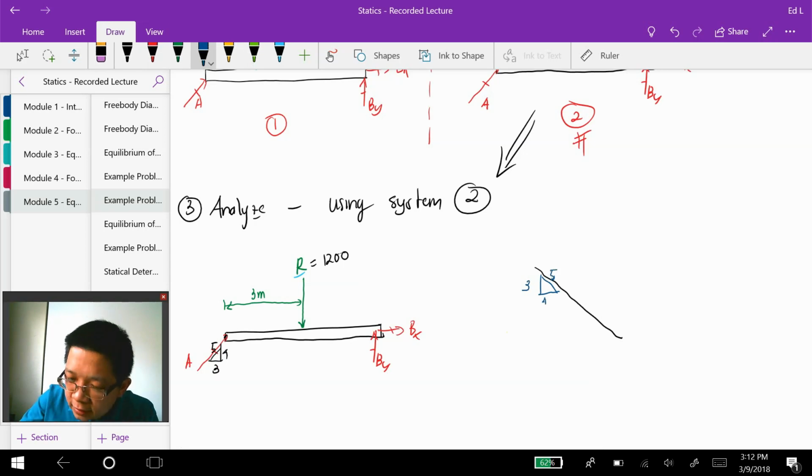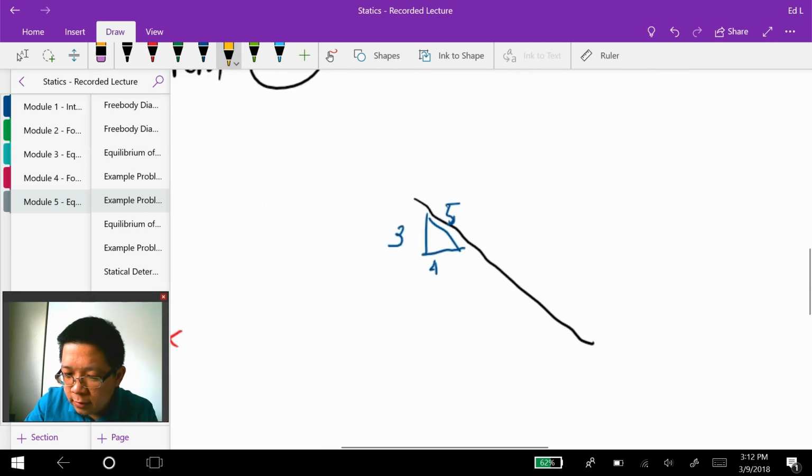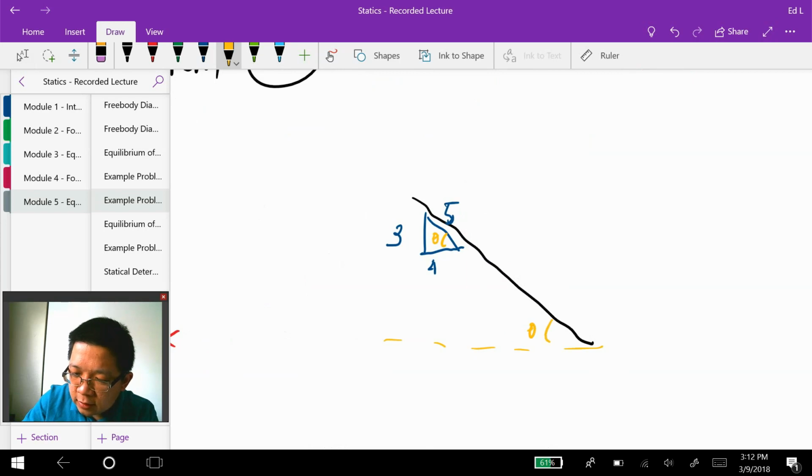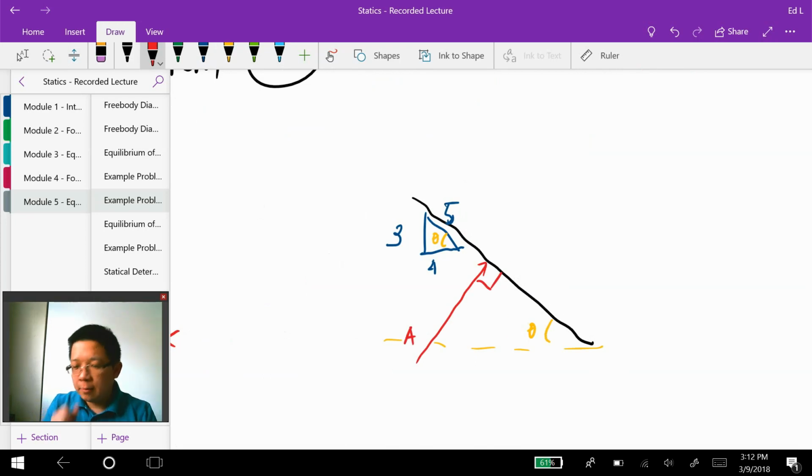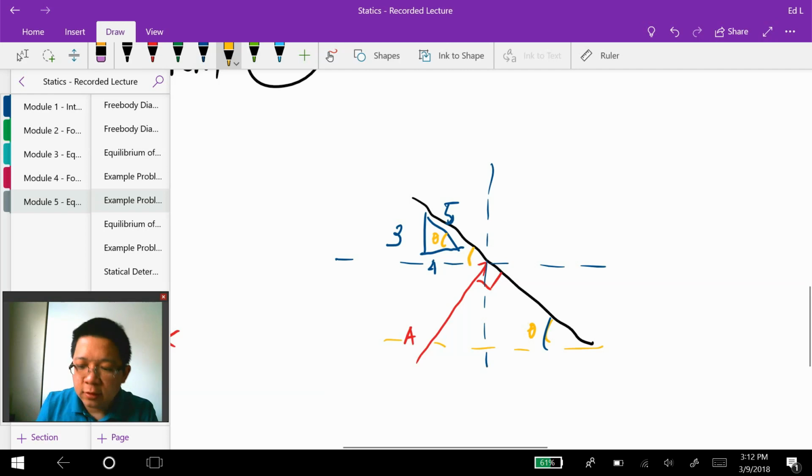Let's say this angle right here is theta, then the angle right here is theta. My resultant force is going that way, perpendicular to the surface, which is A. If this angle is theta, then this angle here is also theta, and the angle here is also theta.